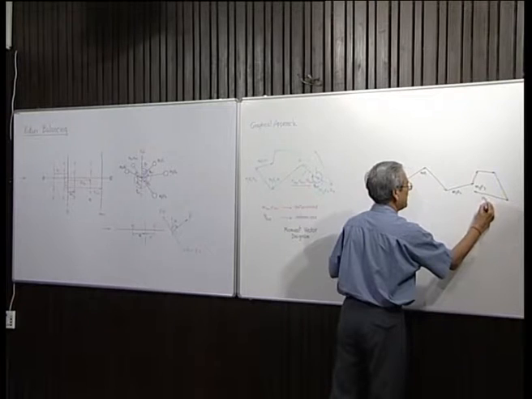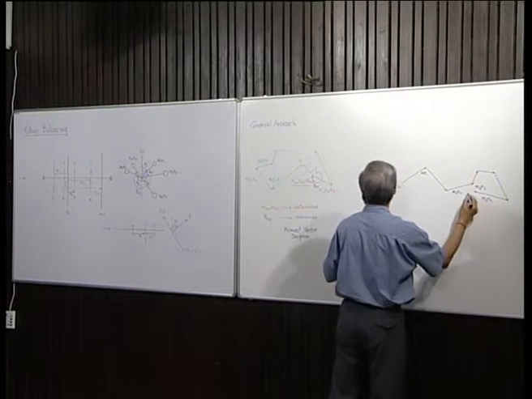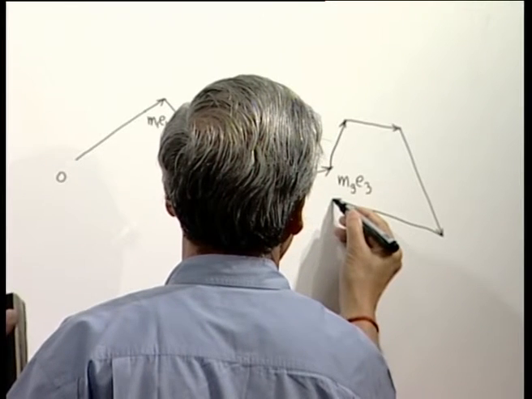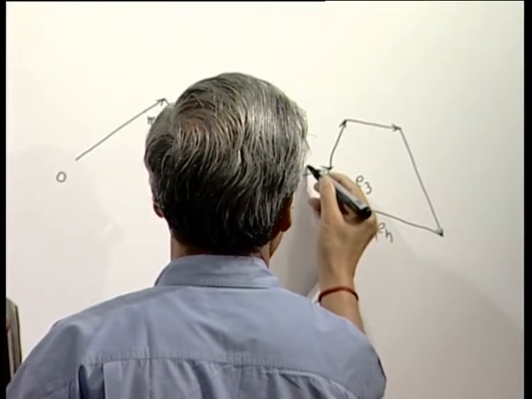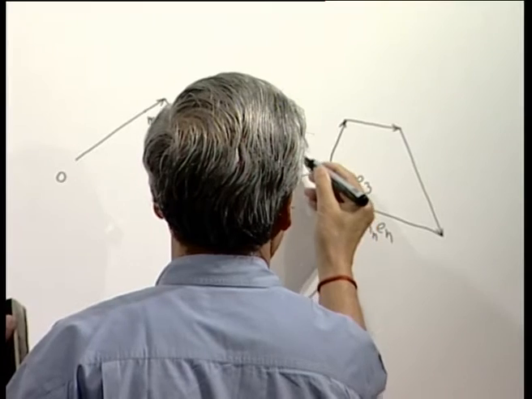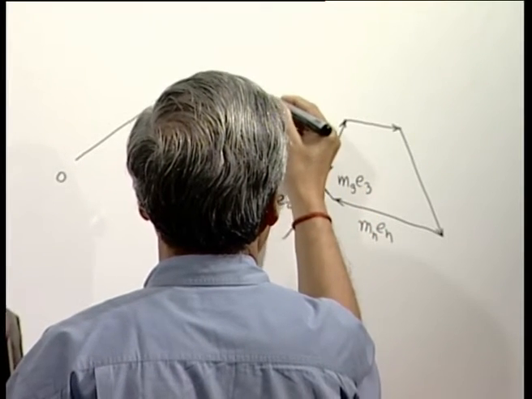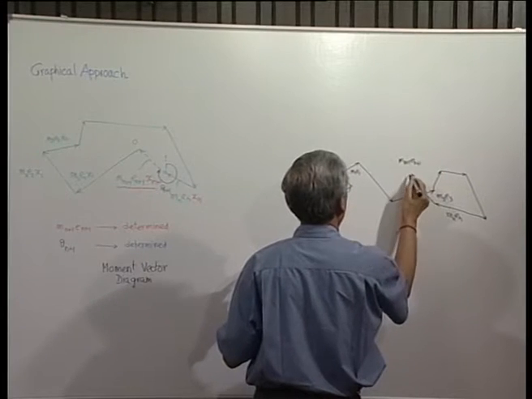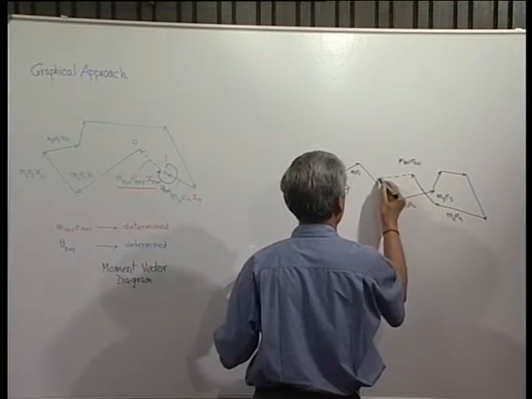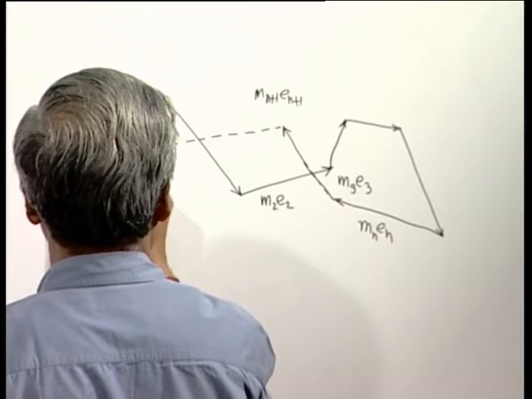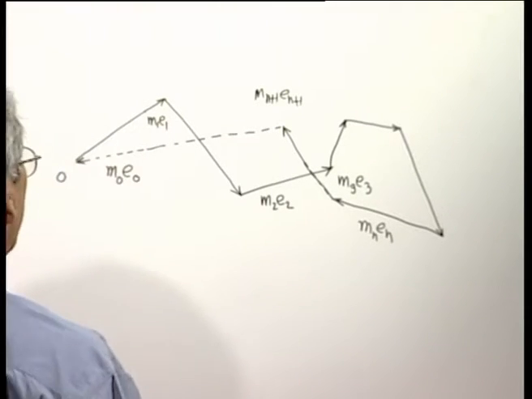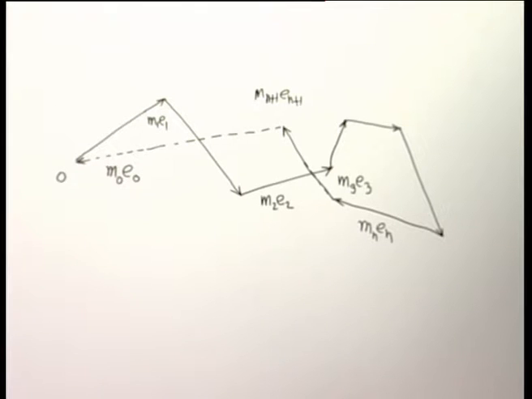This is M n E n, and even this one is known. So, to close the polygon, your M 0 E 0, which is the only other force left, must be this.